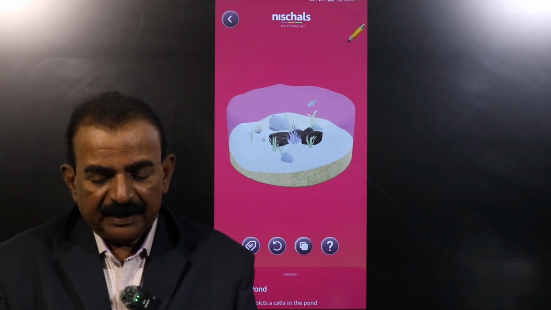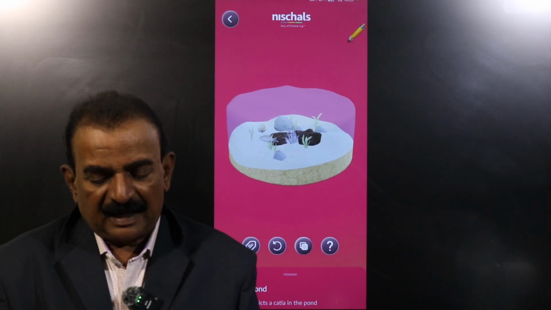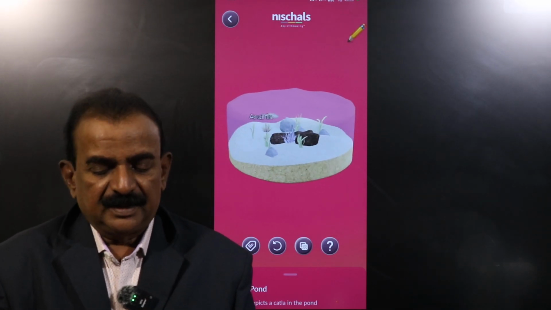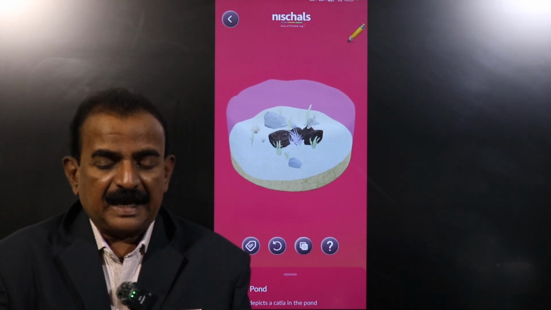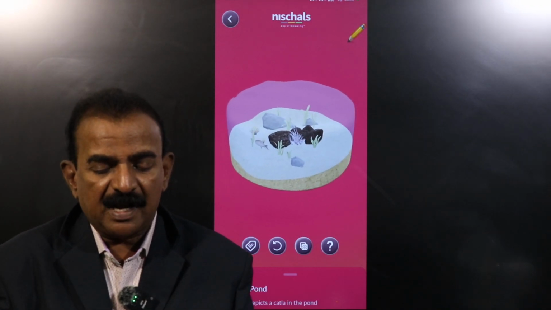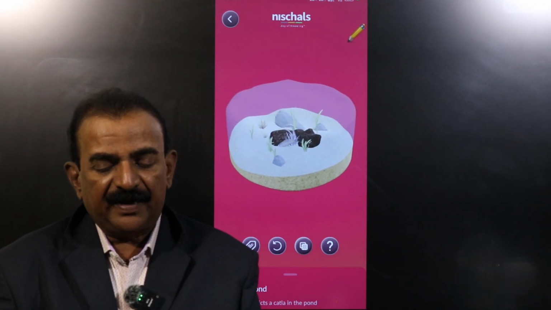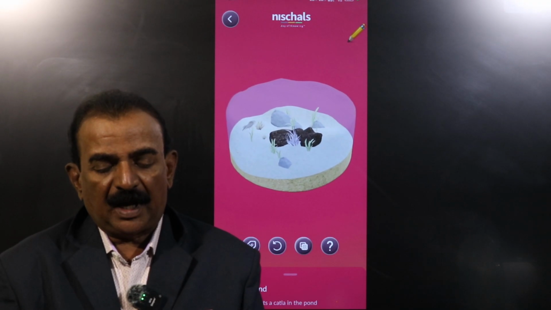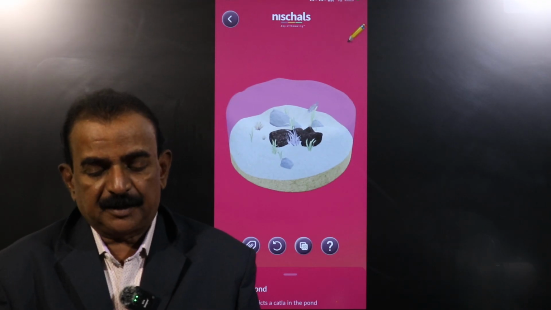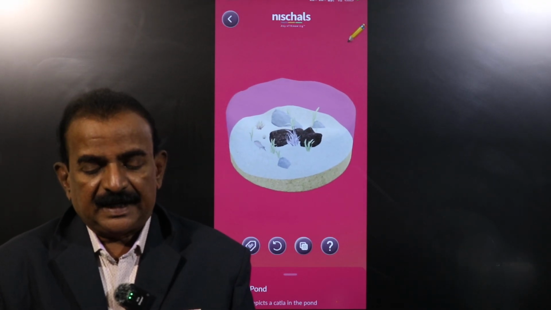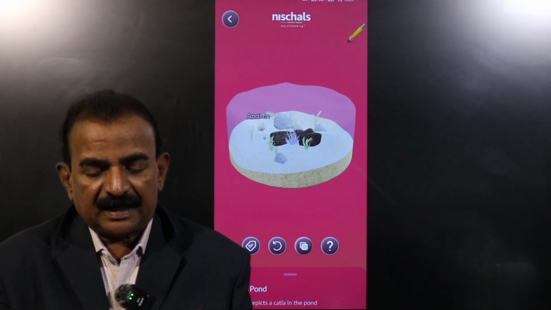So here you see the presence of catla fish. So it is a fin fish. Here you are observing catla fish which is feeding on aquatic plants, and you are observing a 3D model of a pond. That pond is having a fish, and that fish is called catla fish.